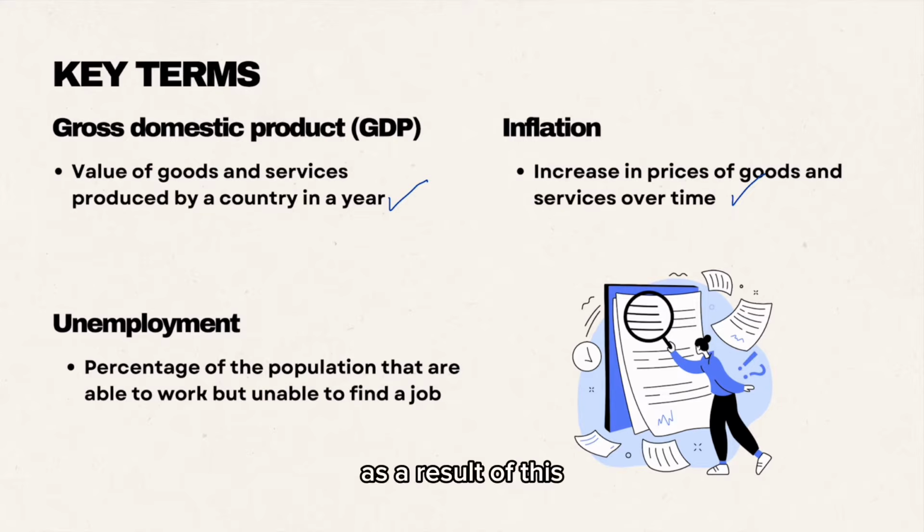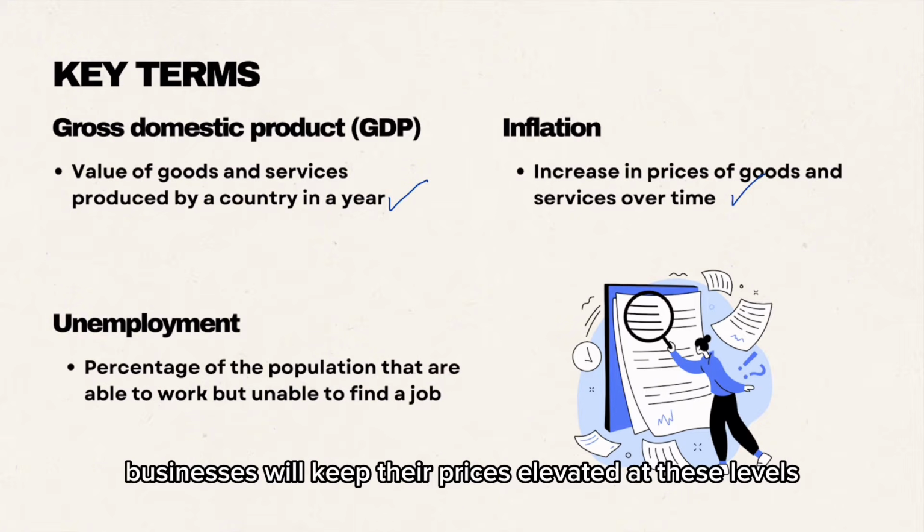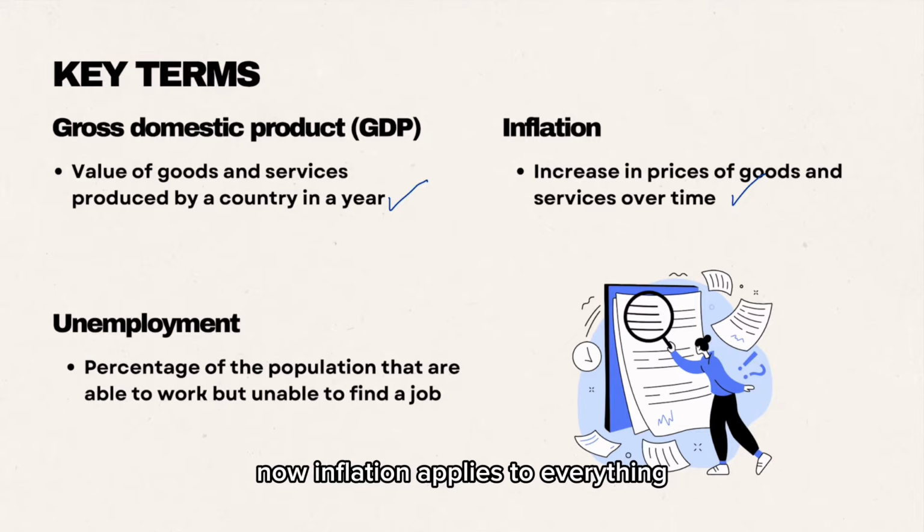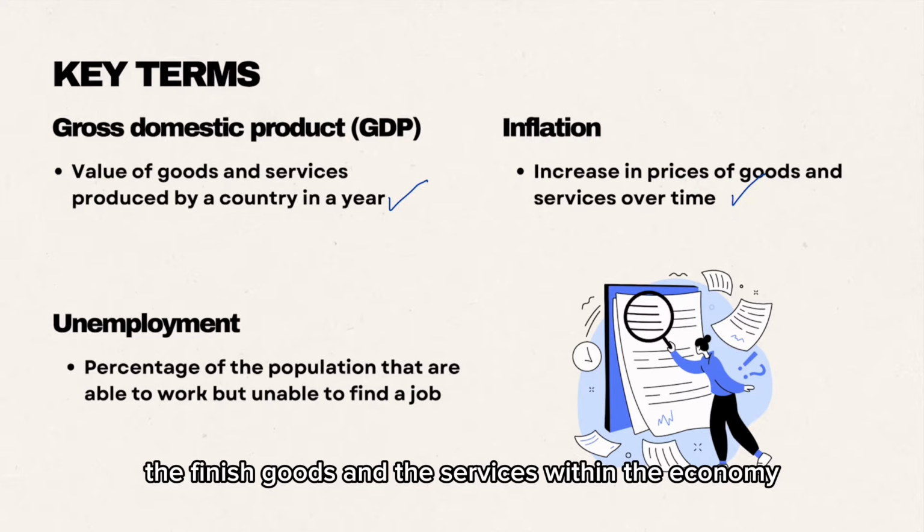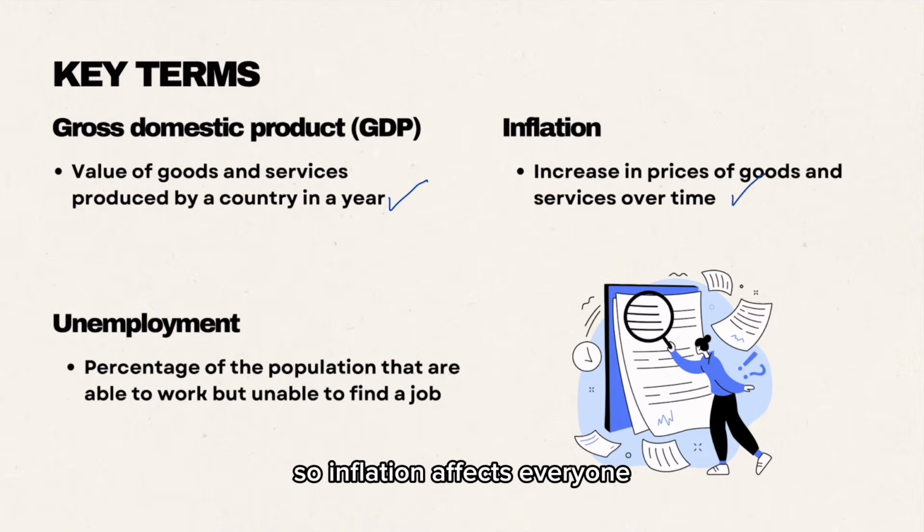As a result of this, businesses will keep their prices elevated at these levels. Now, inflation applies to everything, all the way down from the raw materials, the finished goods, and the services within the economy. So inflation affects everyone.